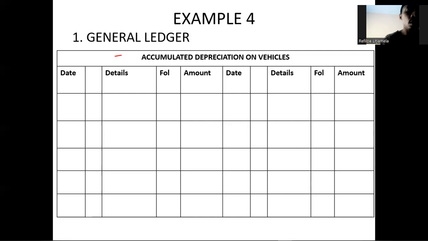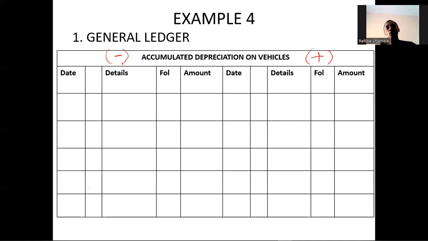It is just the valuation allowance account, okay, to make sure that when we show our assets in the statement of financial position, we show them at the value that is equivalent to income that can still be generated from that asset, okay, or money that can still be generated from that asset. So it's just the remaining economic benefits of the assets, okay.